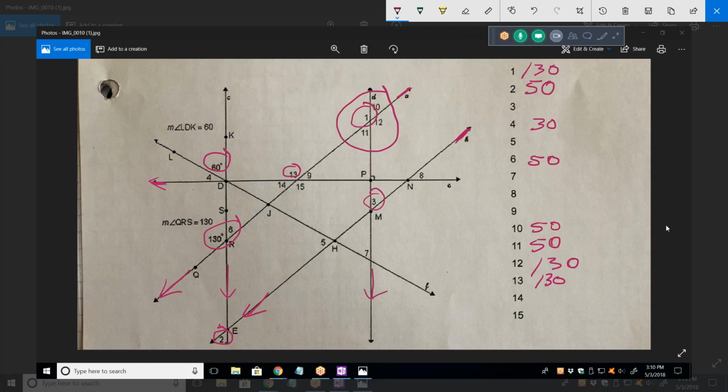Which makes angle 9. 50 degrees. Which makes angle 14. 50 degrees. And 15. 130 degrees. And 8. 50 degrees.